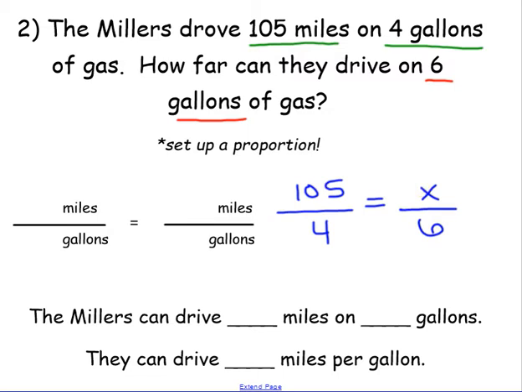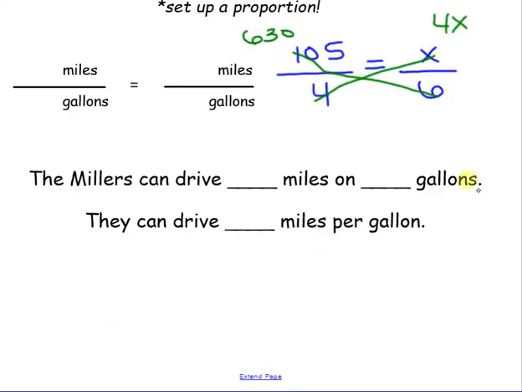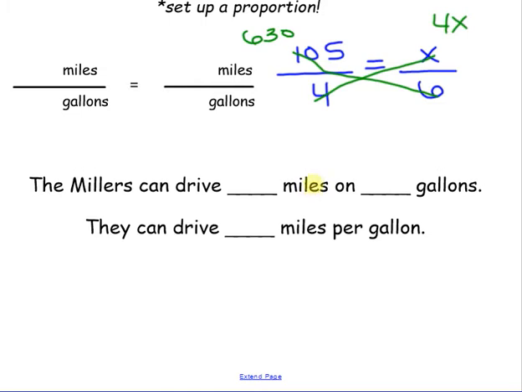So we need to go ahead and solve our proportion. 4 times x is 4x, and 105 times 6 is going to be 630. And again, I need just a little bit more space, so I'm going to move this down.